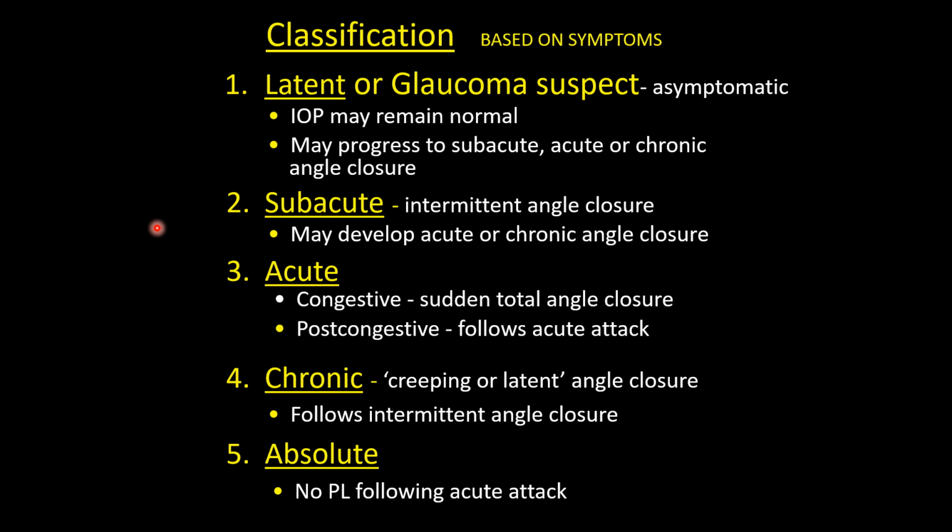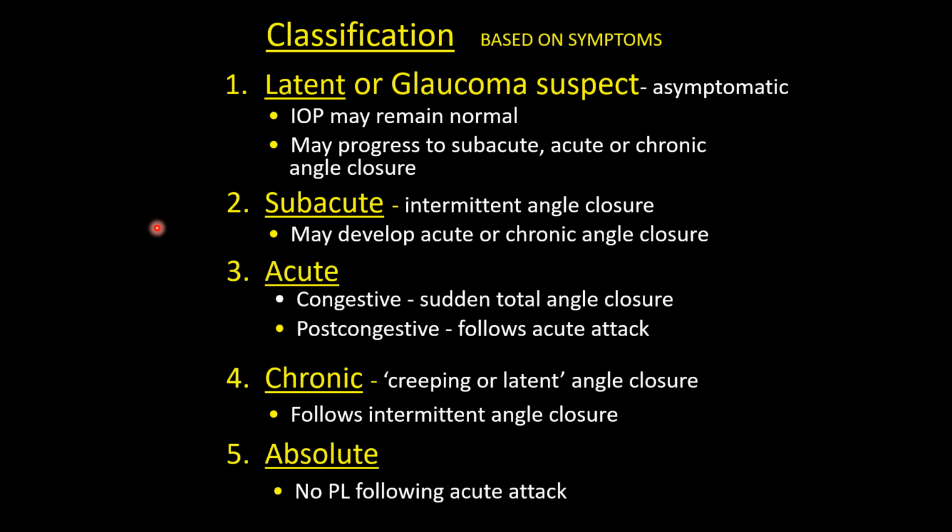This intermittent angle glaucoma may change into acute congestive glaucoma or chronic glaucoma. If such angle closures occur frequently, then what will happen? Synechiae will form between the iris and the cornea.